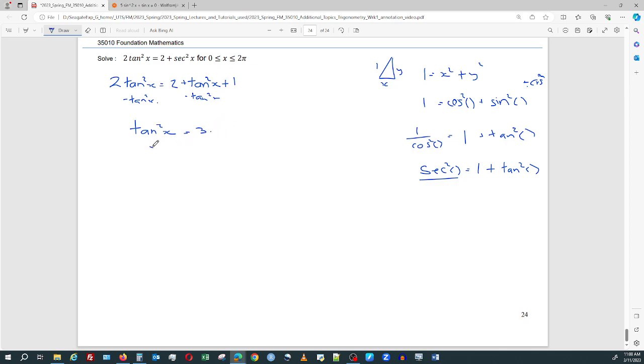Now if we take the square root of both sides, we'll get tan x is equal to plus or minus square root of 3.